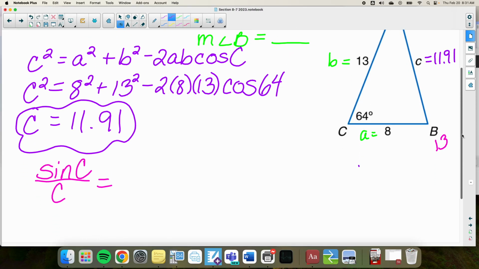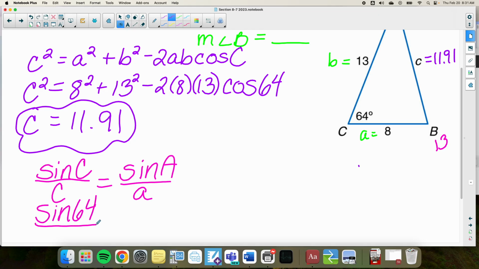So then I would go sine of A over little a. Now this is back to what we did yesterday. So I'm going to go sine of 64 over little c, which is 11.91, equals sine of A, which is what I'm looking for, over little a, which is 8.